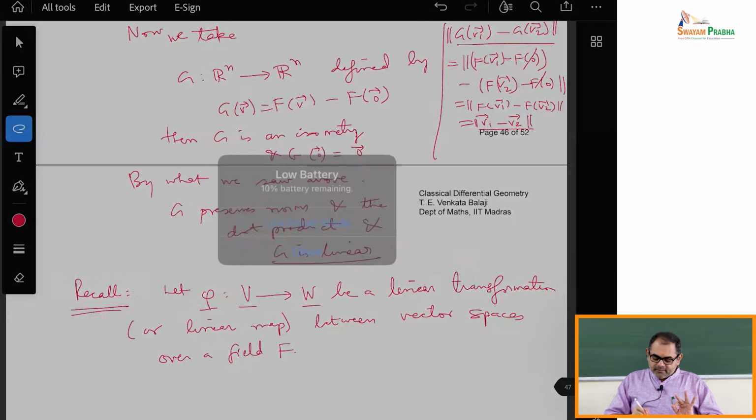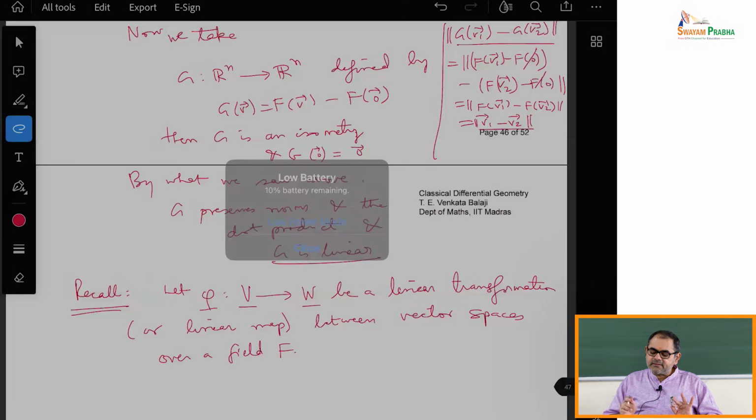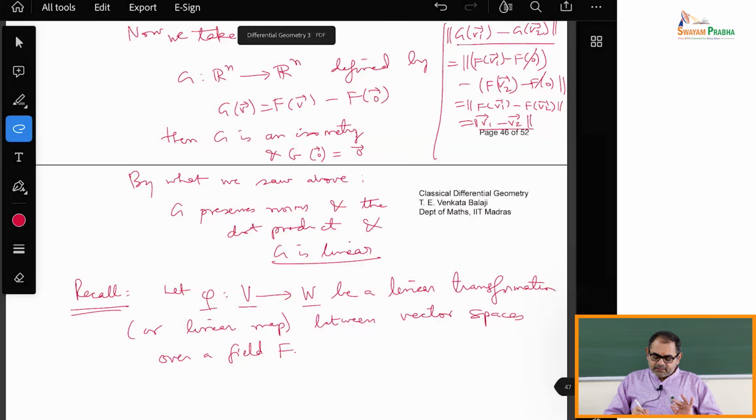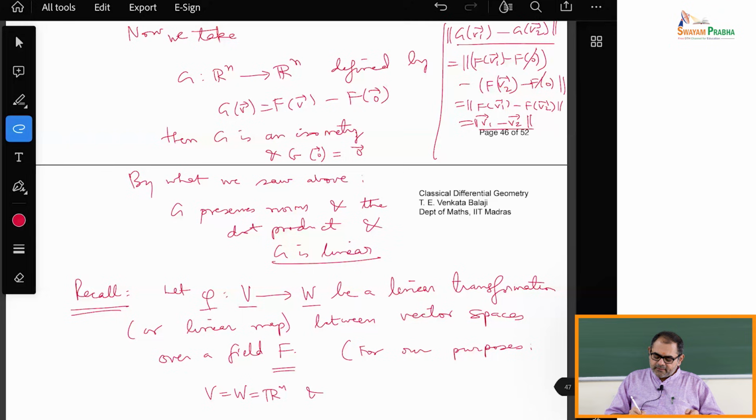Okay, and the other thing is that the field that we are going to work with is the field of real numbers. All right, so for our purposes, let me say V equal to W is Rn, and the field is just the field of real numbers.